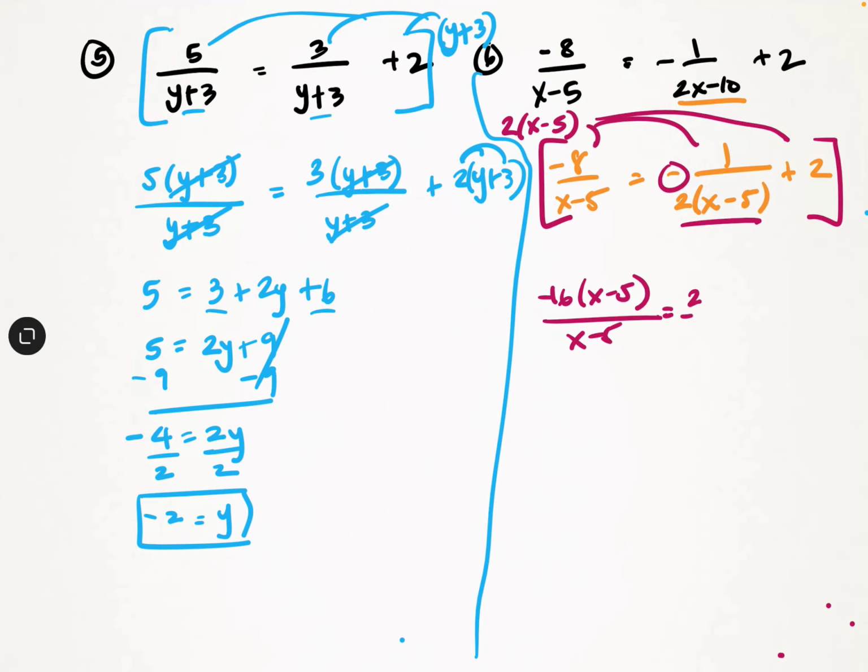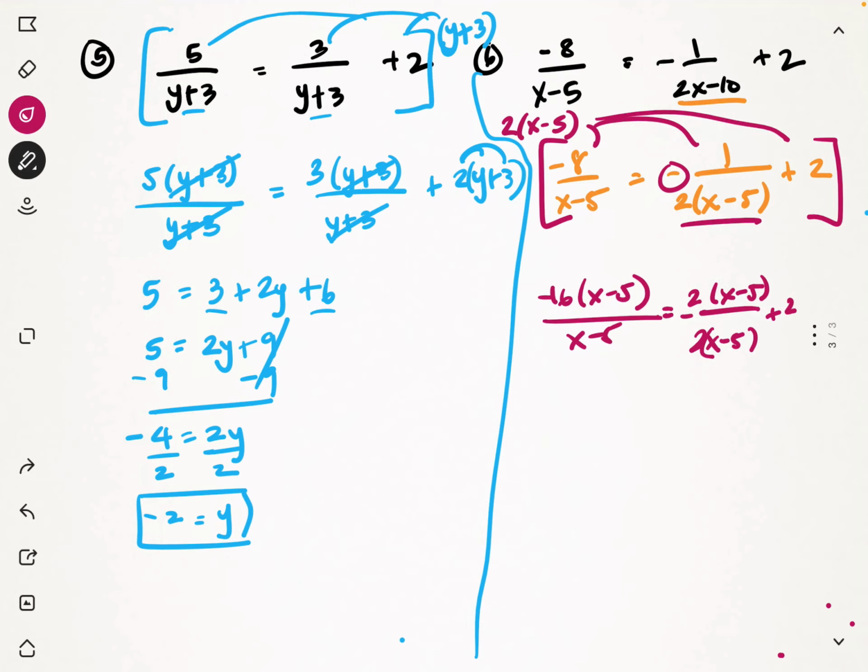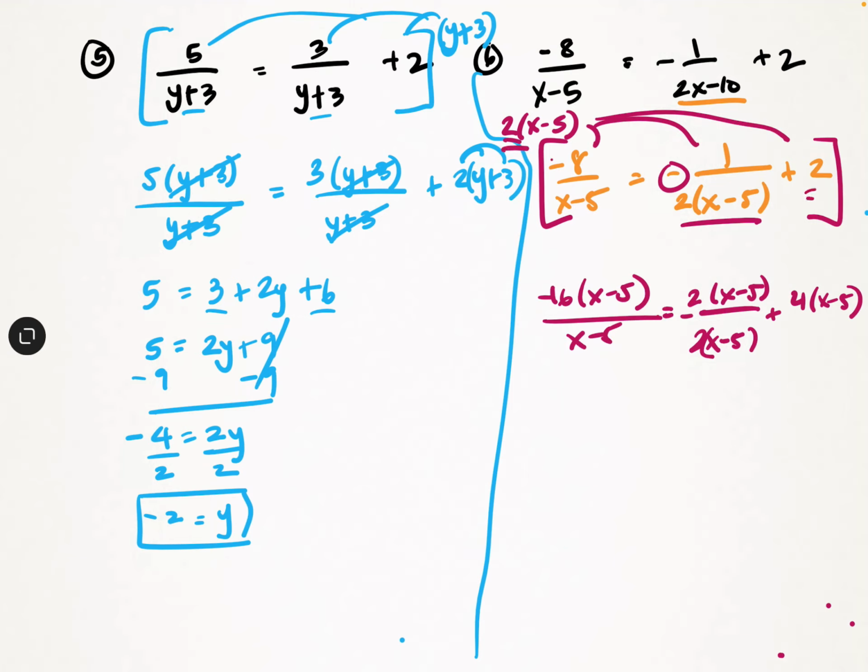We have this negative here. x minus 5 over 2 times x minus 5, plus 2. Oh, well, 2 times 2, let's do that first. 2 times 2 is 4. Sorry, kind of running out of room. 4 times x minus 5. Right? 2 times 2 is 4, and then the x minus 5.